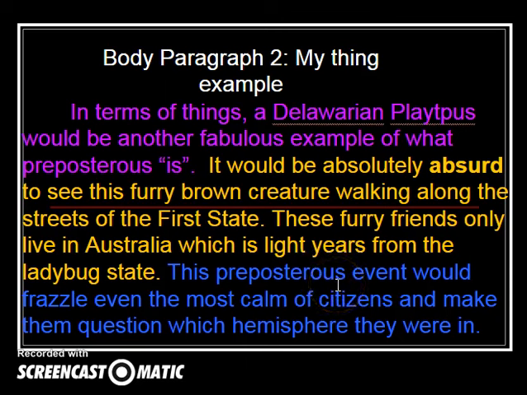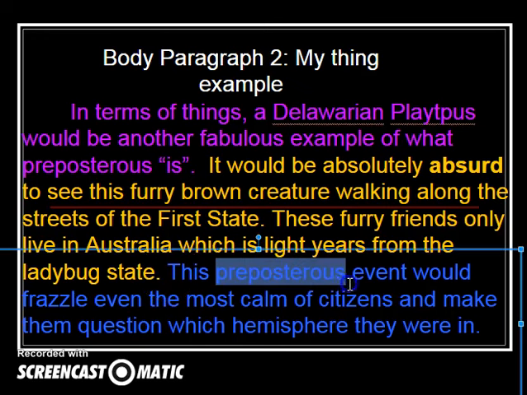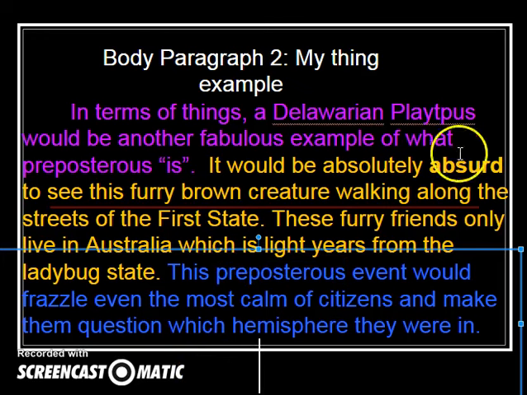These furry friends only live in Australia, which is light years from the ladybug state. Now let me wrap it up. This preposterous event would frazzle even the most calm of citizens and make them question which hemisphere they were in. Notice I went back in and I used my synonyms. Absurd right there. Maybe I'm using preposterous twice, once in the beginning, once at the end, but I don't want you to say over and over preposterous, preposterous.